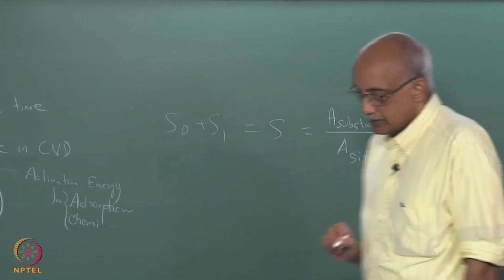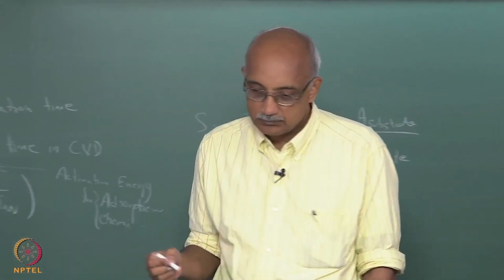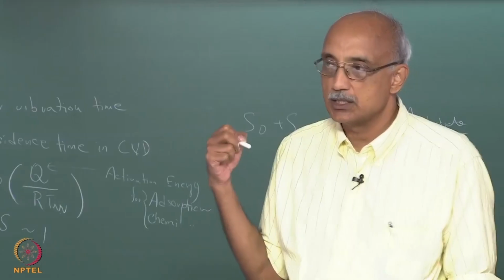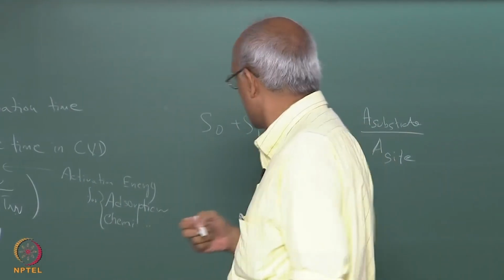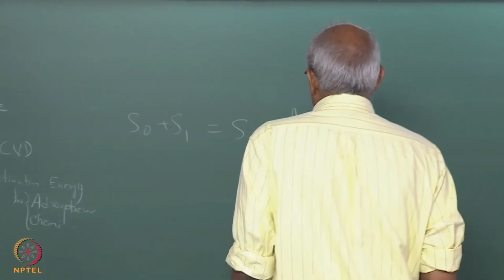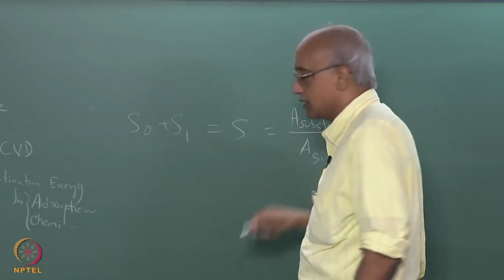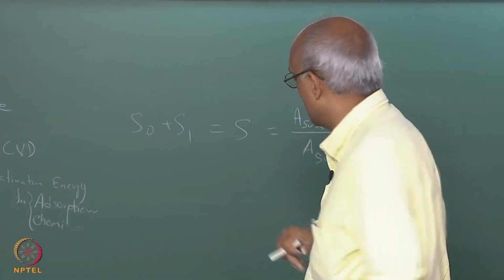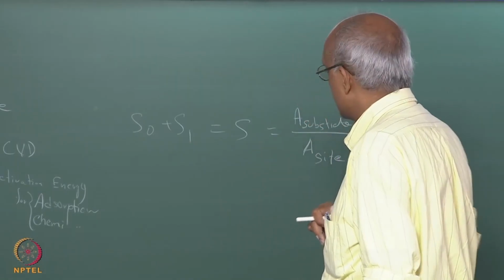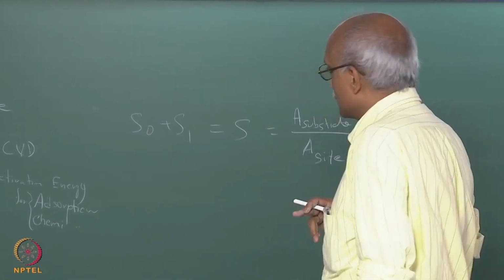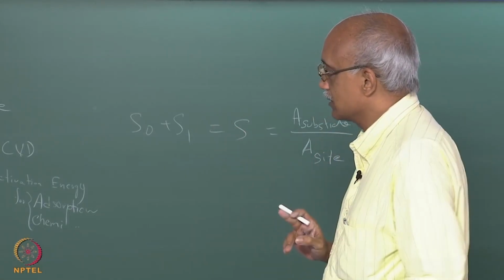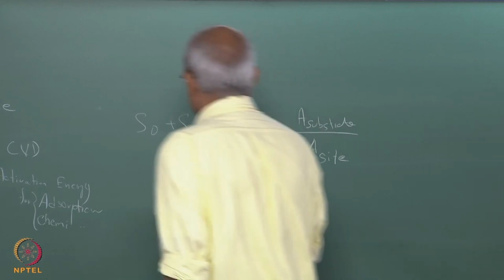So, this S is the total number of sites in the system, both the adsorbing sites as well as the available sites, and that is equal to the total substrate area divided by the area per site, right. So, just a matter of representing the area. So, if I look at, for example, let us take one of these parameters, K1.